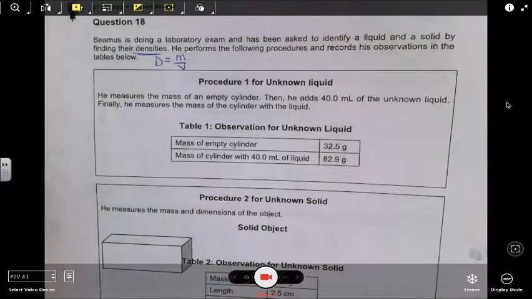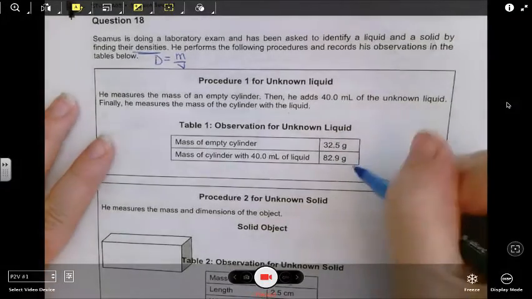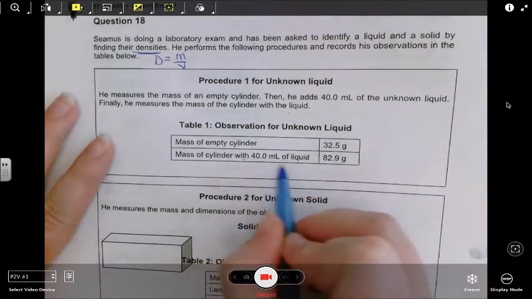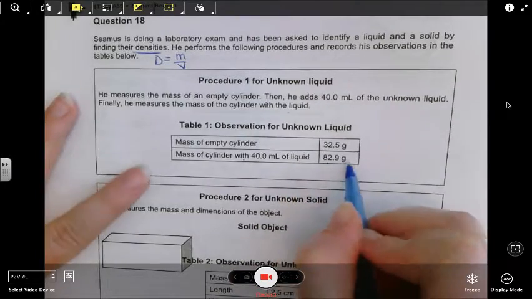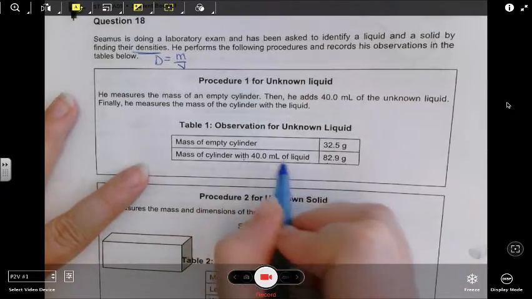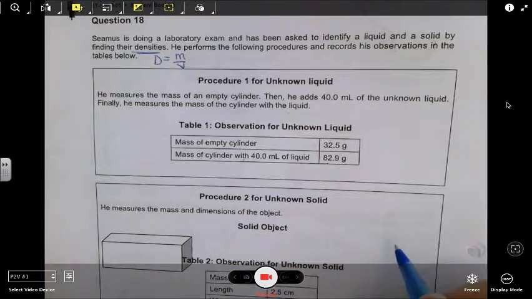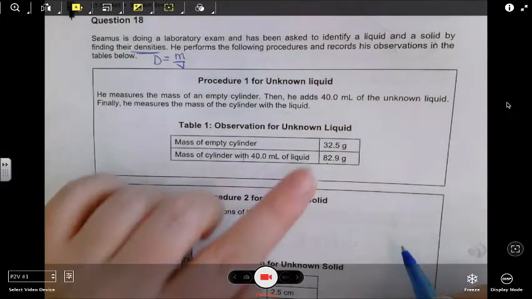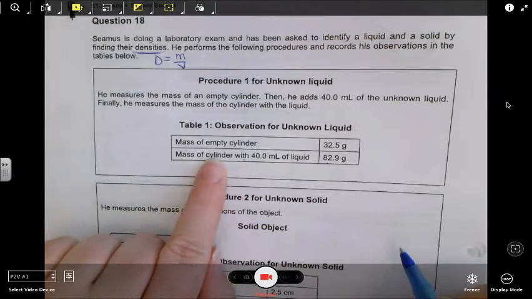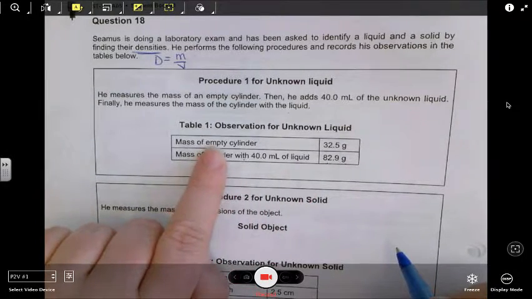But the thing is, we have to take into consideration that the mass that they gave us here of 82.9 grams, so it says mass of cylinder with 40 milliliters of liquid, okay? That is not the actual mass of the liquid because it's including the cylinder. So it gave us the mass of the empty cylinder.